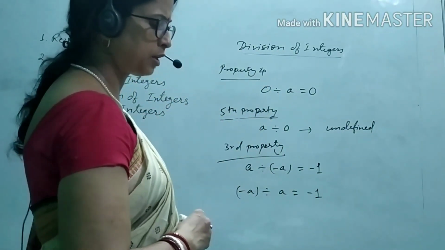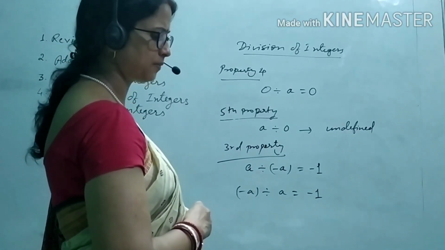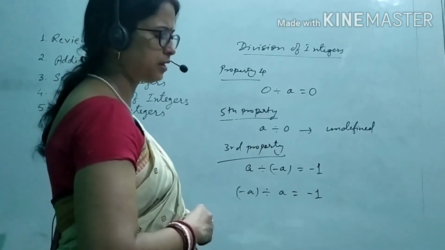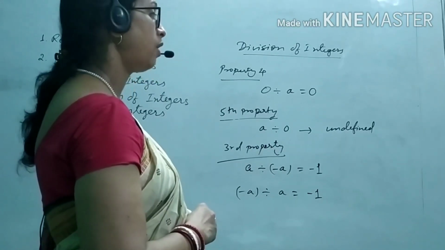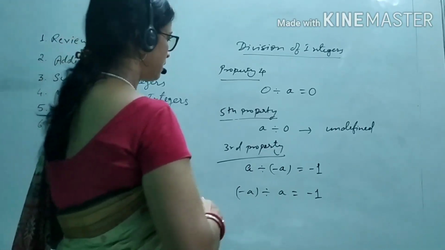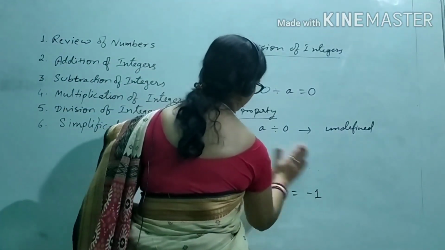Now coming to the next property. Suppose a, b, c are any 3 integers, all non-zero, and a is greater than b.